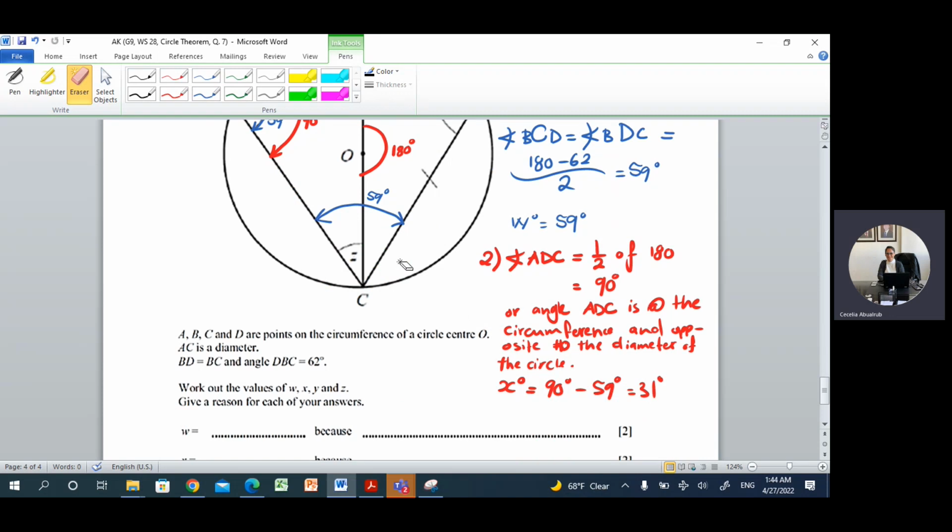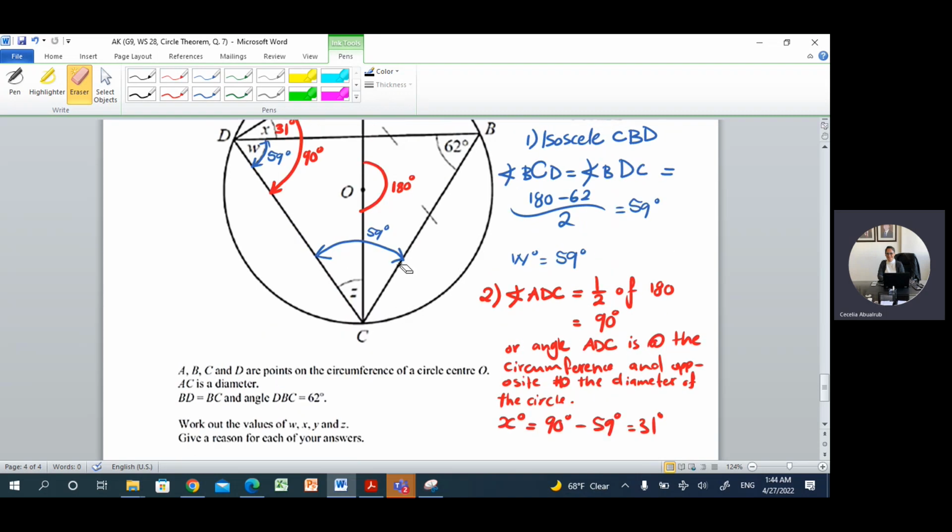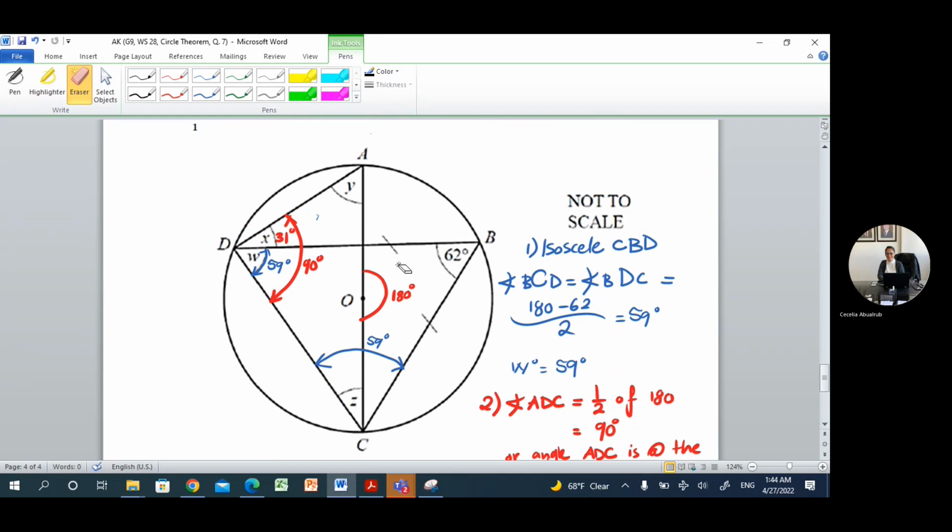A, B, C, D are points on the circumference of a circle, center O, AC is a diameter, BD is equal to BC, and angle DBC is equal to 62. When we read the question multiple times, we might come across something that we know. If you look at circumference angle DAC and circumference angle DBC, angles at the circumference are equal.